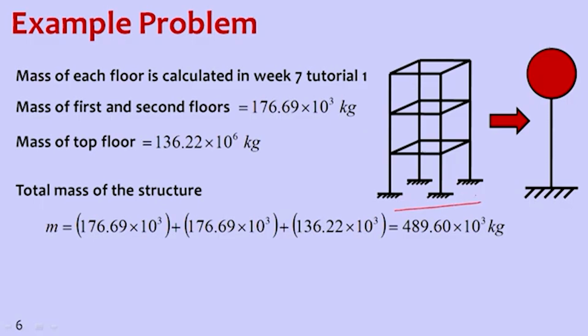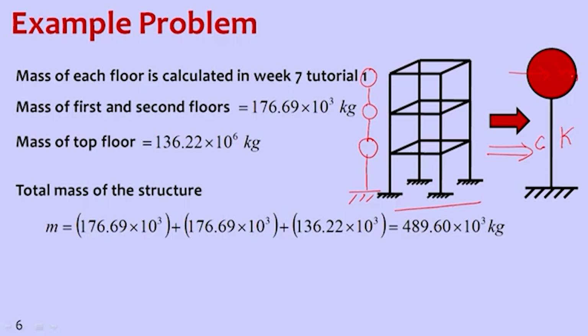Even though it is a 3-story structure, which could be lumped as a multi-degree of freedom system, we are not concerned with that; we are converting it to a single degree of freedom system. So all the mass is lumped at the top floor only. Whatever force is acting on the structure, we assume it to be acting on the top floor. So total mass is lumped here and stiffness is lumped only in this section, whereas damping is also present here and mass is lumped here.